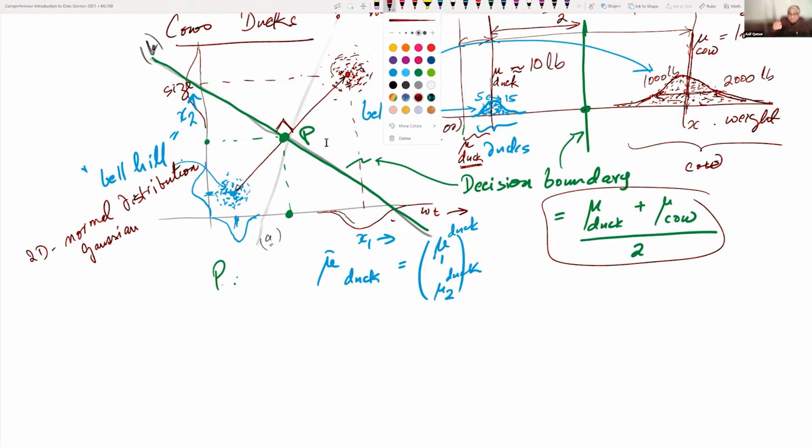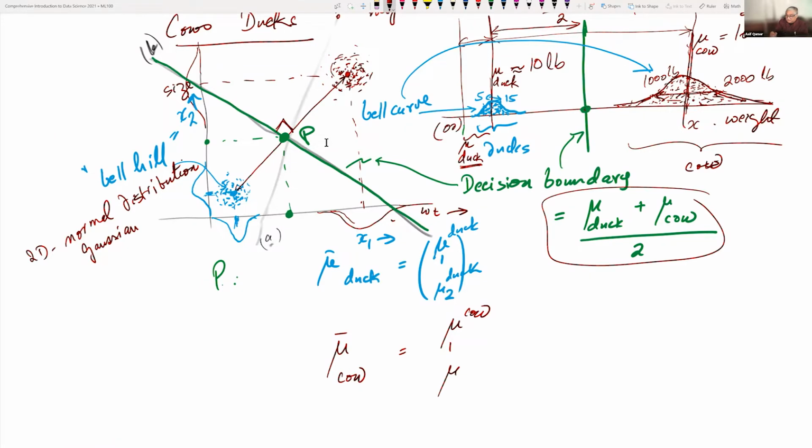Likewise, you would agree that this is a point. It has x1, x2 coordinates, right? So mu of a cow is also a vector, that is mu1 of a cow, mu2 of a cow.